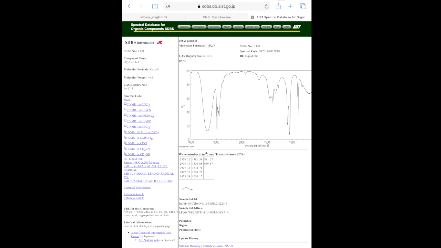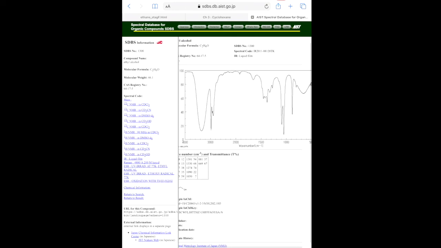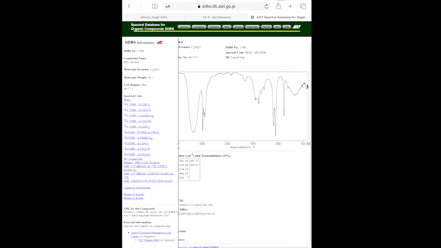So 100% transmittance means all of the light went through and none was absorbed, meaning none was absorbed to make the molecule vibrate. And so anything that dips down, that's where the infrared frequency matched the frequency of the bond bending or stretching, and so it was absorbed, and that's why we don't get any transmittance at that point.